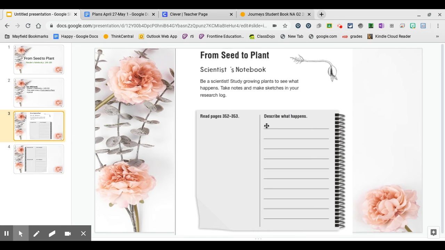To do that, on my first line, I'm going to make a slash like that, we call a bullet. That's going to show us that my first note is going to be right here. So we're studying growing plants to see what happens. We're going to take notes, so we're looking for what happens to growing plants.